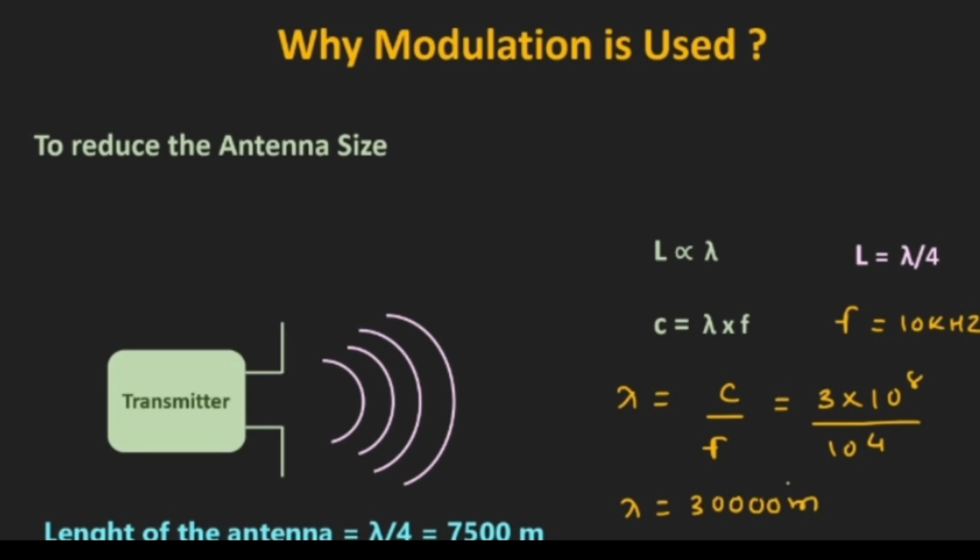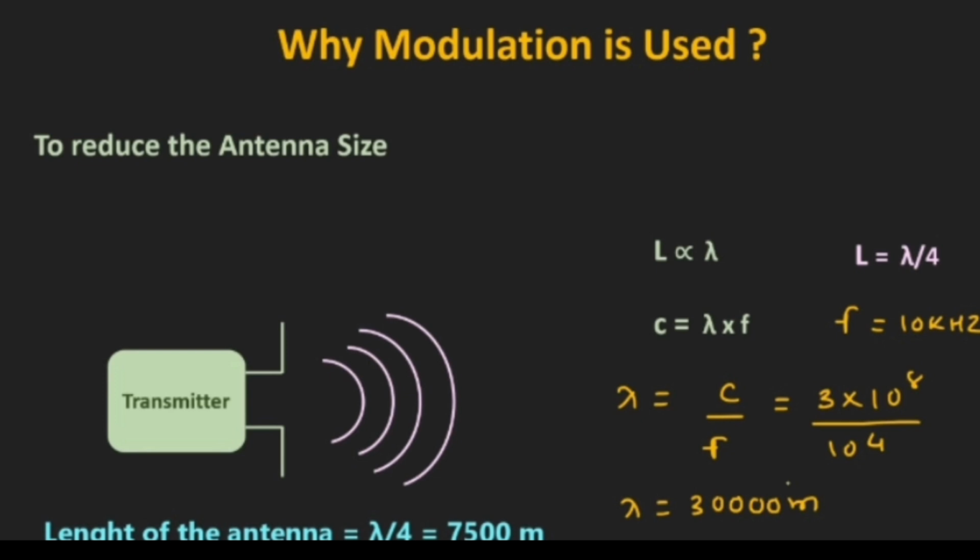If you want to calculate lambda, lambda becomes 3 into 10 raised to power 8 upon 10 raised to power 4, which is 30,000 meter. Now the length of the antenna becomes lambda by 4, which is 7,500 meter, which is practically impossible. Have we seen an antenna of 7,500 meter? It's impossible, right? We cannot make it.